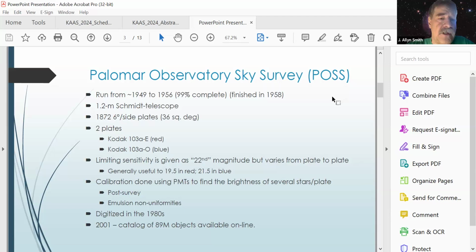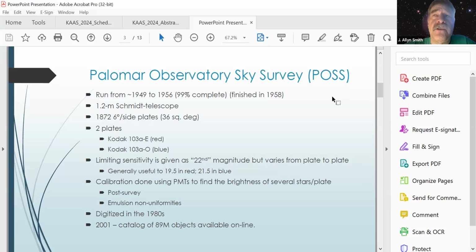They used 2 different plates. The Kodak 103aE plates were the red, and the 103aO plates were the blue plates. And these were the best photographic plate technology that we had developed since, we'll say, the War of Northern Aggression back in the 1800s.